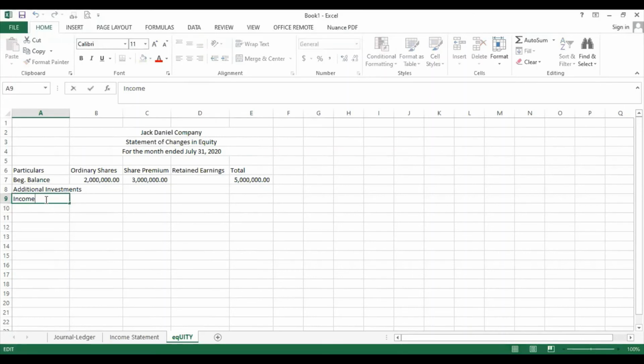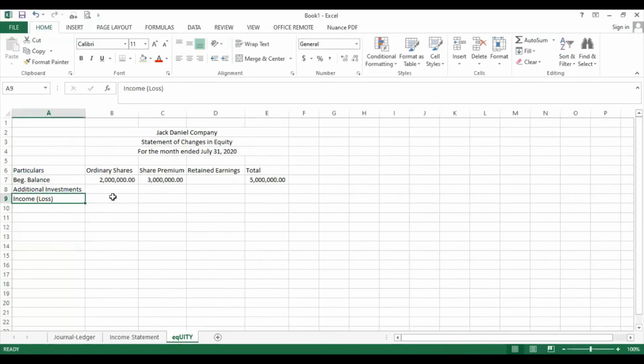Income or loss. Since this is an accounting system, we don't know the results of the operations. So you just put there, if it's negative, it's a loss. If it's positive, it's an income. So of course, we don't have additional investment yet. We can link the income.